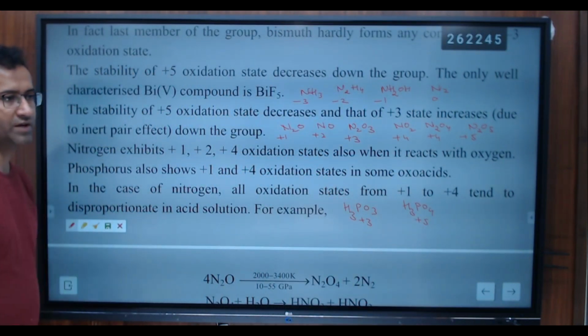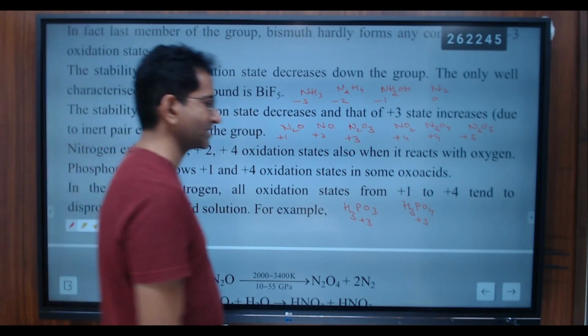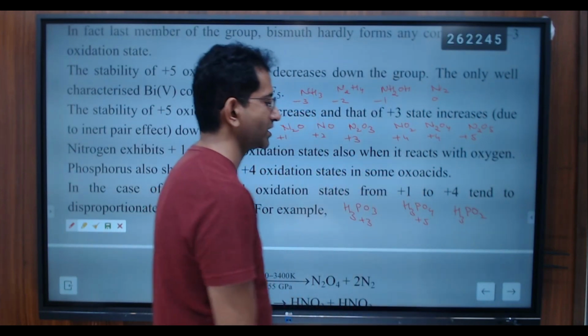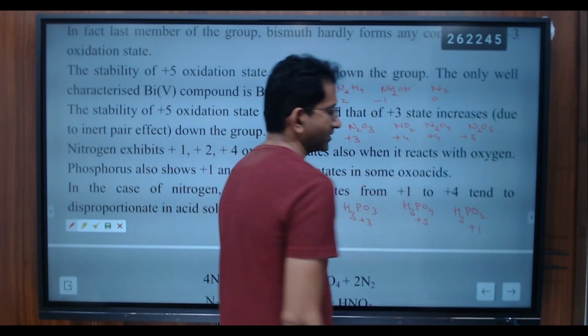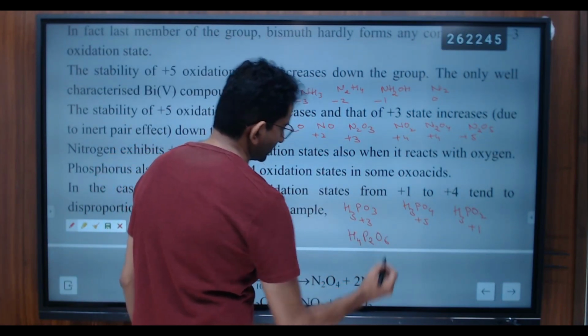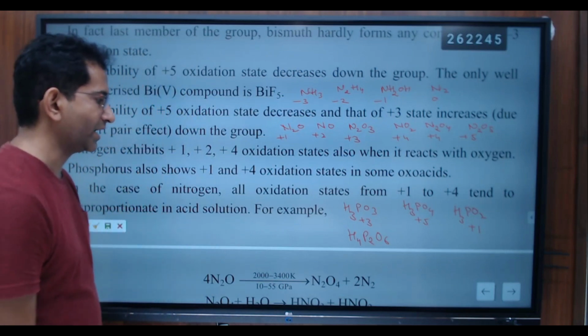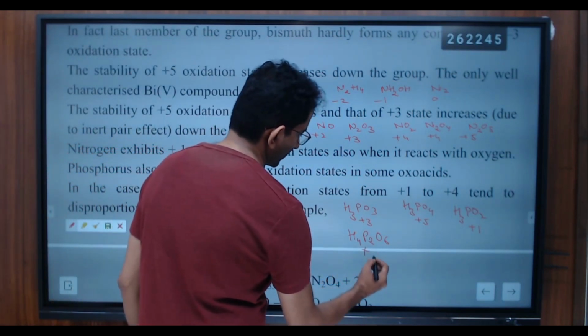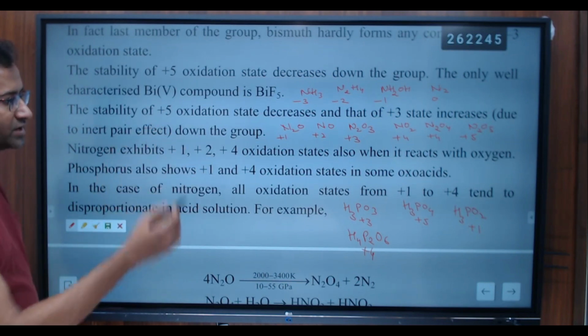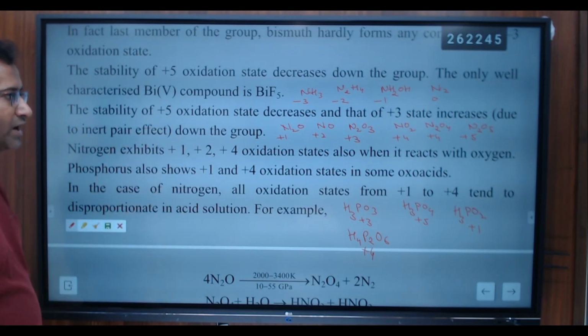But in some of its oxo acids, it can exhibit other oxidation states. H3PO2, in which its oxidation state is +1, is called hypophosphorus acid, and the compound H4P2O6, called hypophosphoric acid, has phosphorus in the +4 oxidation state. So these are several oxidation states of phosphorus and nitrogen, and the range of oxidation state of nitrogen is very vast, -3 to +5.